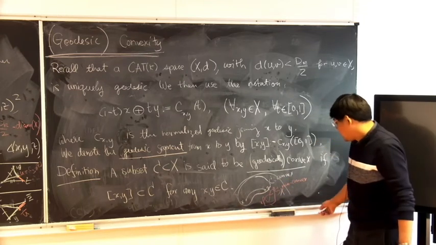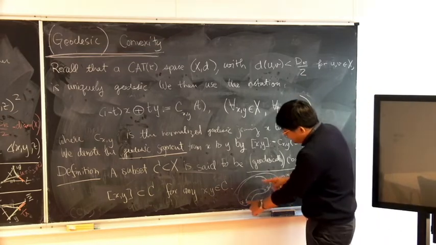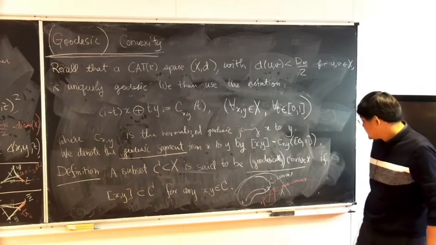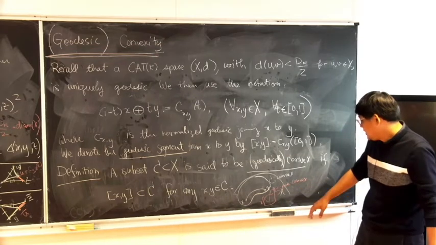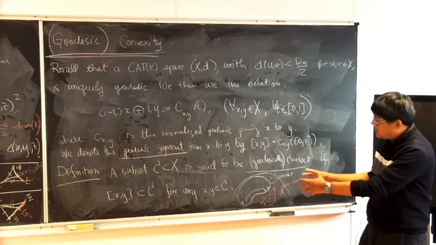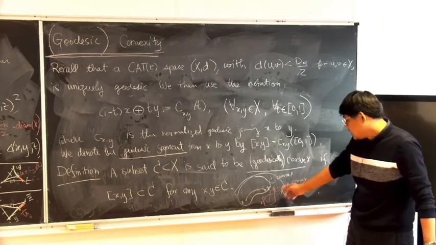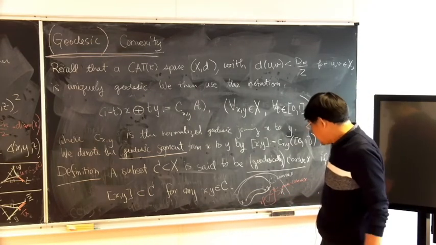Okay, and for the convexity, you need to check this condition for every possible pair of x and y inside the set C. Well, the negation of convexity: if you can find one x and y for which the segment lies partially outside or wholly outside of this set S itself, then it's non-convex.